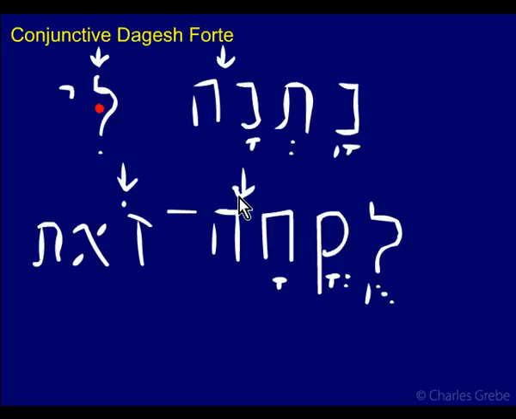So our accents are close together. We have an association in pronunciation. They're closely connected. And the third one is the ending. So again, we have a kamets hey. So all three conditions are met. And so we find that this pair has a conjunctive Dagesh in the first consonant of the second word.